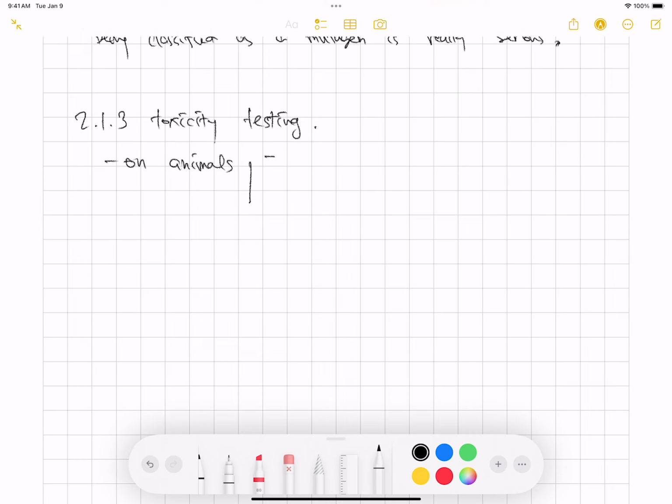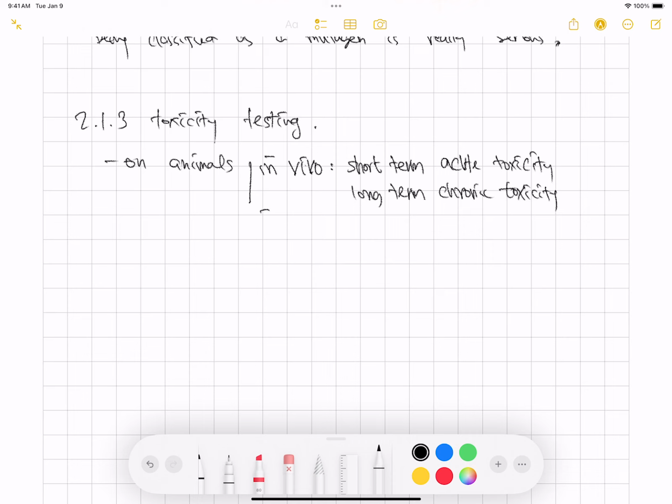The first one is in vivo, doing the experiments on the animal directly. Short-term acute toxicity is evaluated with in vivo animal testing, as well as long-term chronic toxicity.